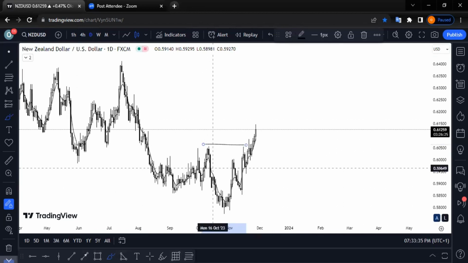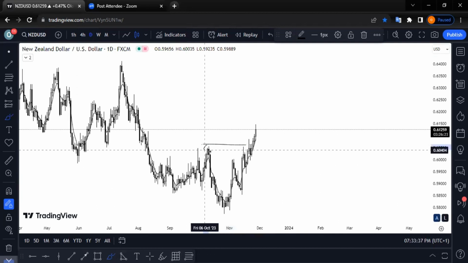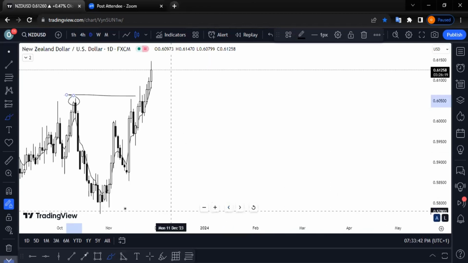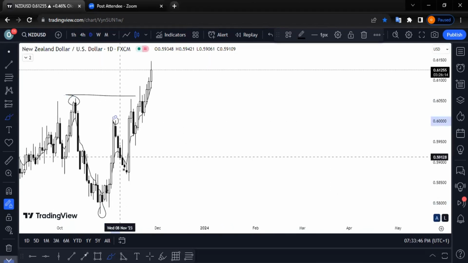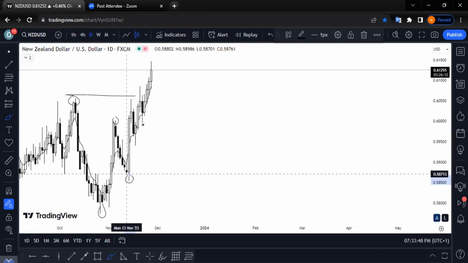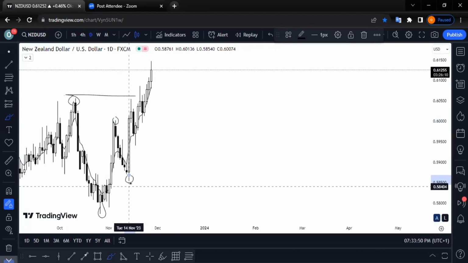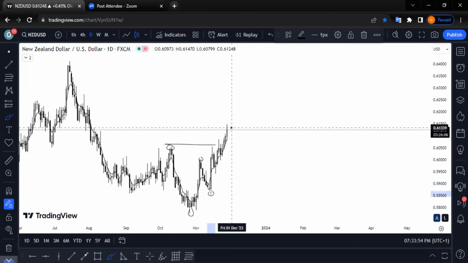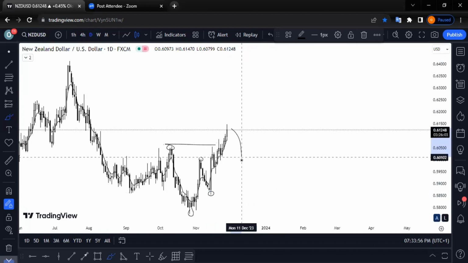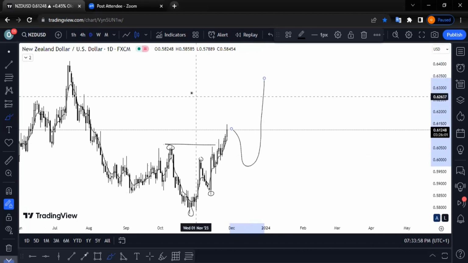Since this is the last push to the downside, we've exceeded that level. And going to the upside, the market created this high and created this low. So since price has exceeded this level, this is now a swing low. So we want price to do what? Equally come back to the downside, then push.